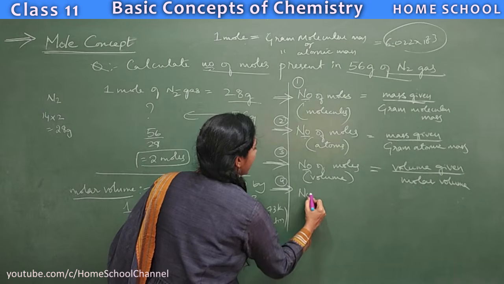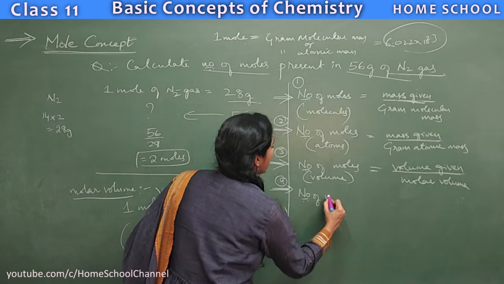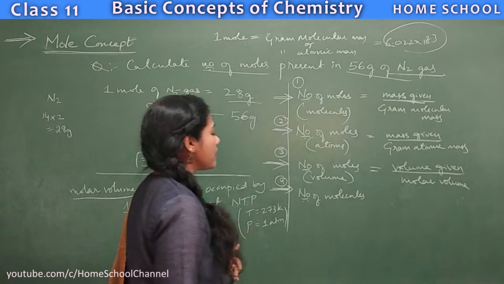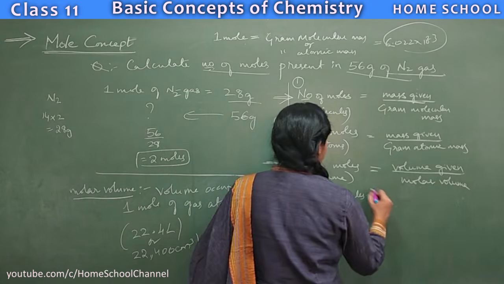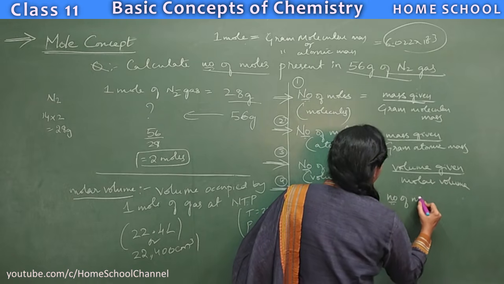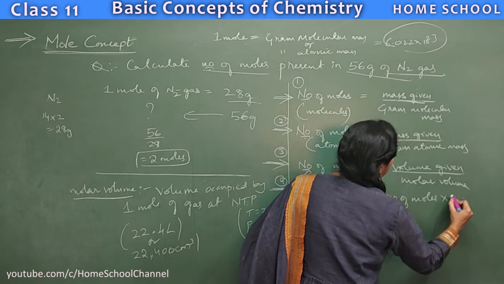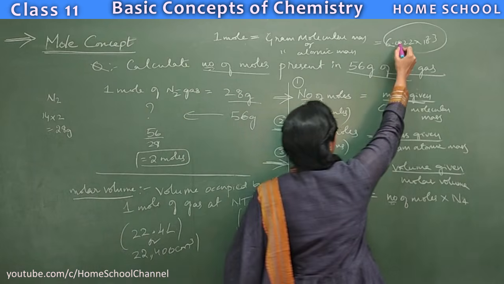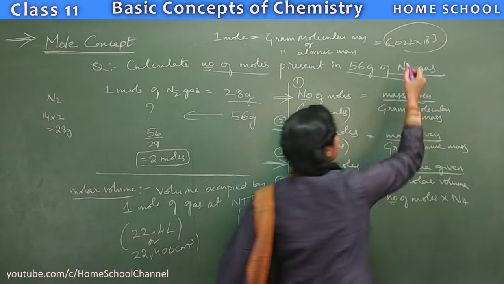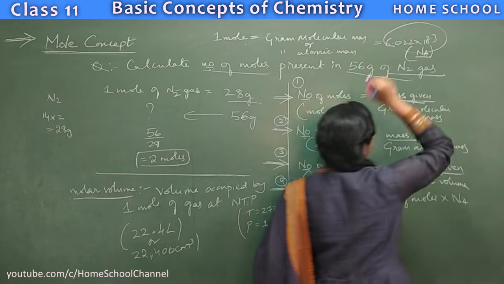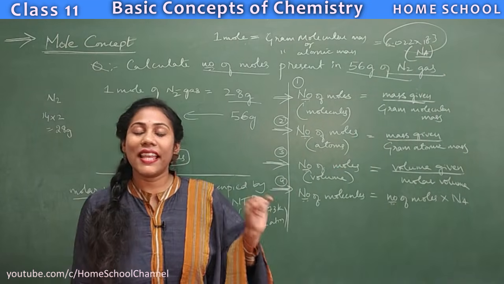Whenever you want to calculate number of molecules, then you have a shortcut formula, that is number of moles into Avogadro number. This number, this 6.022 into 10 power 23, is also called Avogadro number, which is represented as Na.